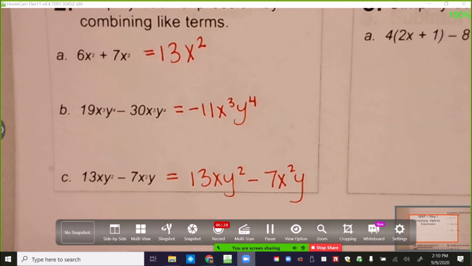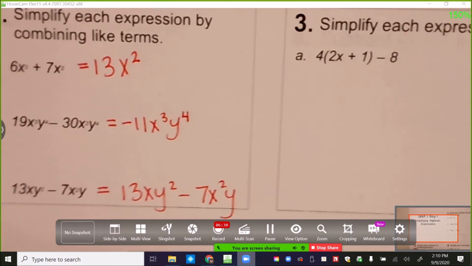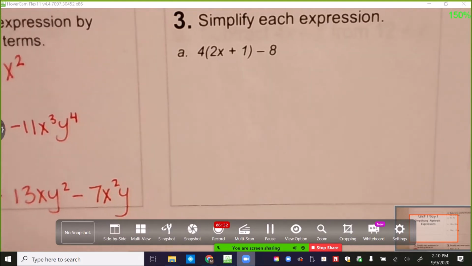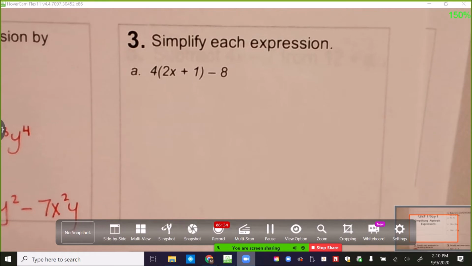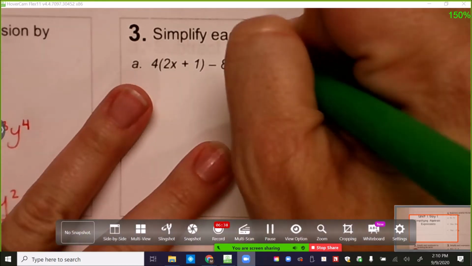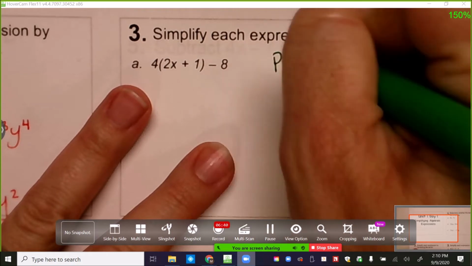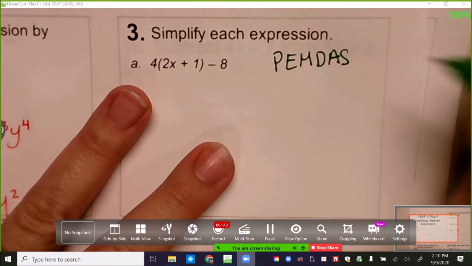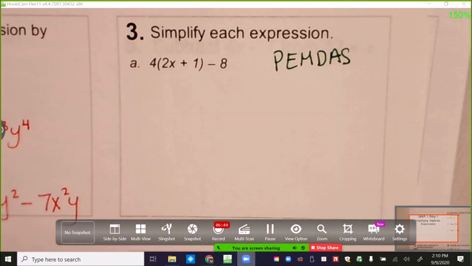Okay, who remembers PEMDAS? Hopefully everybody. PEMDAS, parentheses, exponents, multiplication, division, addition, subtraction. I've heard that they use a different one now too. I don't know. I'm old school. Stick with the PEMDAS. Okay. So first things first, parentheses.